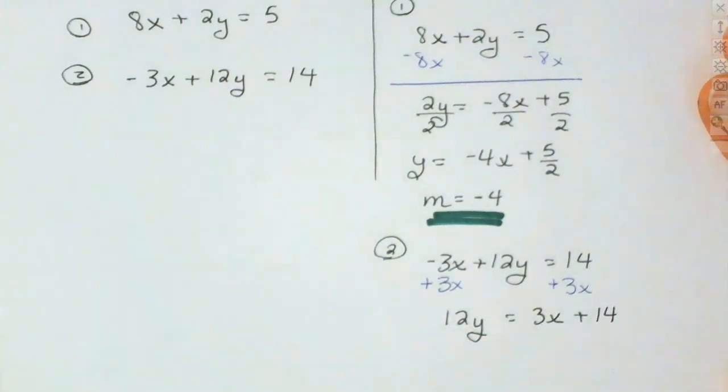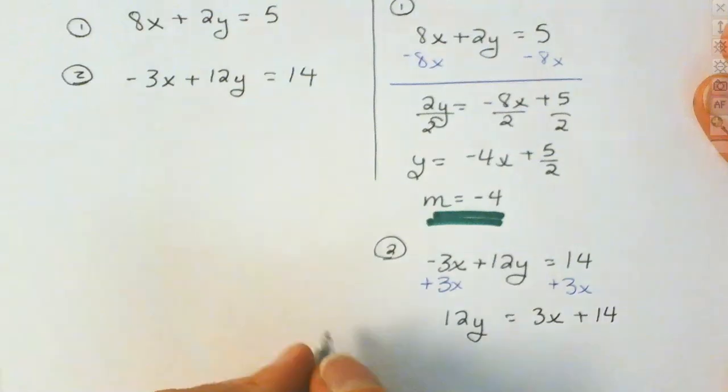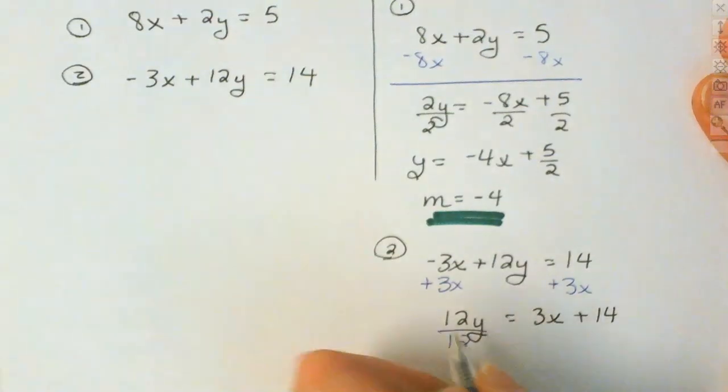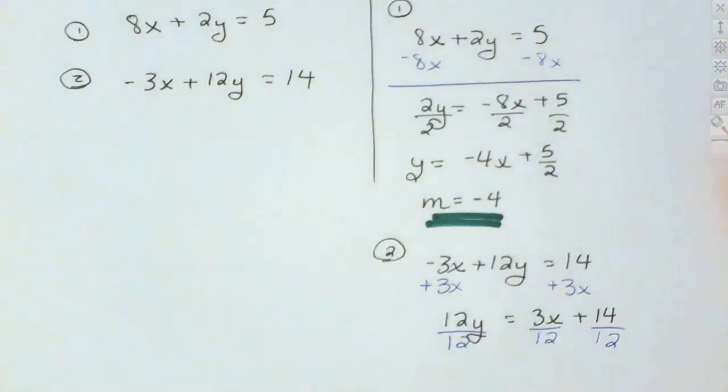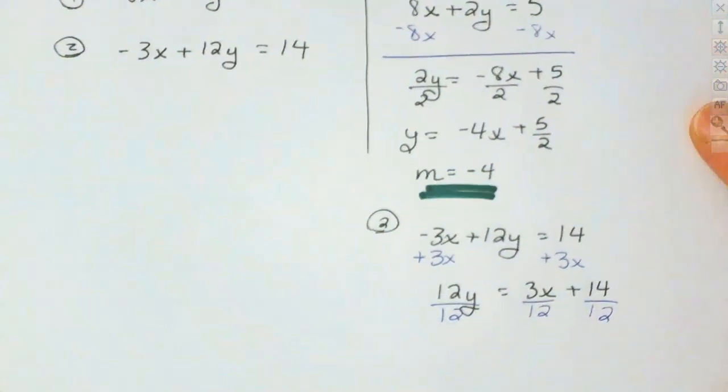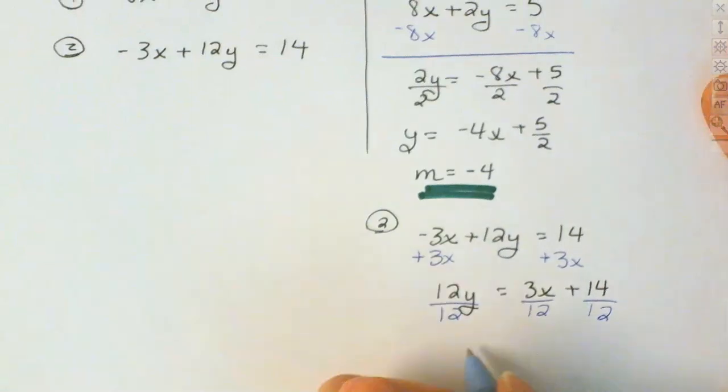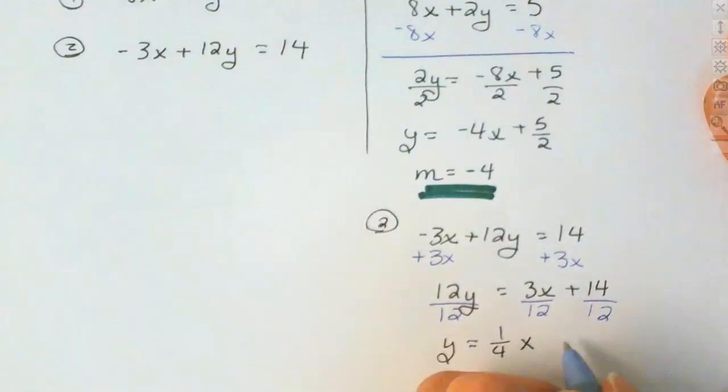We're going to divide everything by that 12, and we've got to reduce. So divide it all by 12. And we need to make sure we reduce as much as possible. You have to reduce. So this comes out to be y equals 3 over 12, that reduces down to be 1/4, doesn't it? And how about 14 over 12? Well, that reduces down to be 7/6.